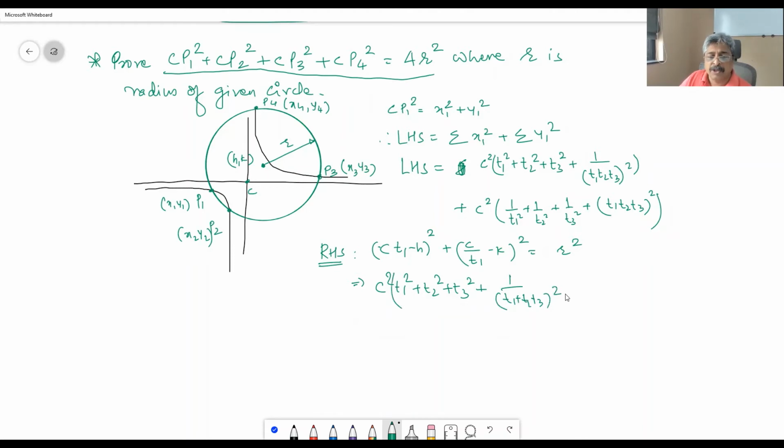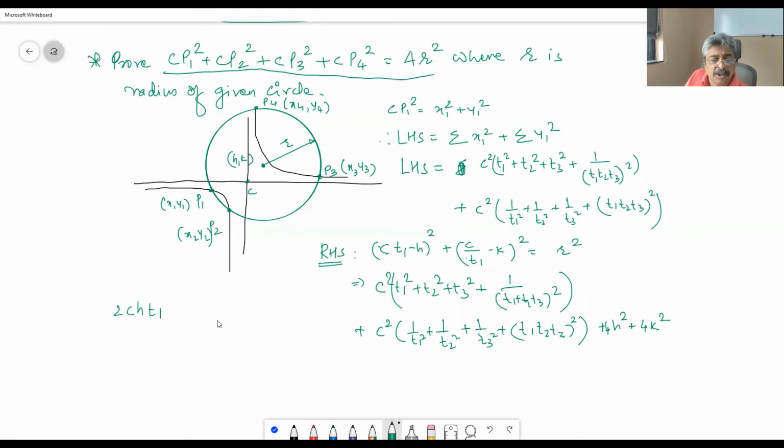This is the summation of the first term. Then the summation of the second term is exactly the same: c square into 1 upon t1 square plus 1 upon t2 square plus 1 upon t3 square plus t4 square. This is a square of this, plus 4h square plus 4k square. And what will happen to the middle terms? The middle term of this is 2cht1.